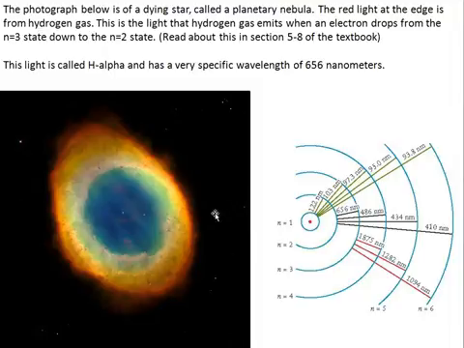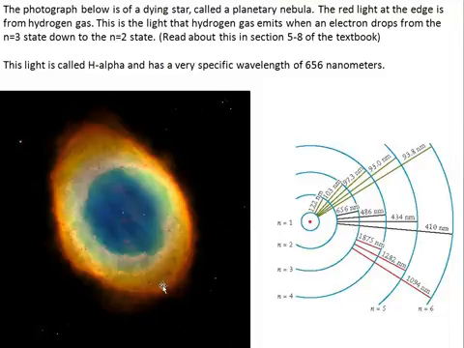This is called a planetary nebula. This is a dead star. There's a very hot exposed core of the dead star, which is called a white dwarf star in the center. And what this is doing is it's exciting these gas atoms out here. And this red light at the edge, this is actually hydrogen gas, which is primarily what we study in section 5.8 of the textbook.